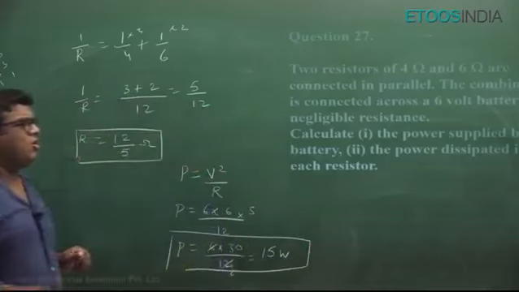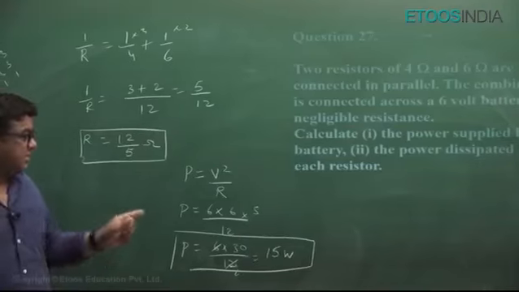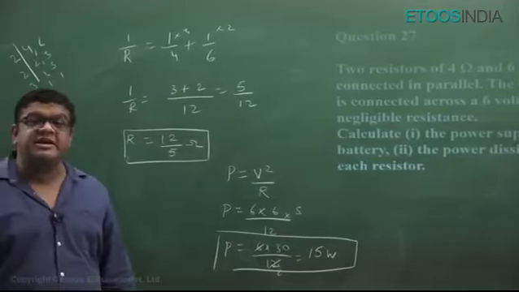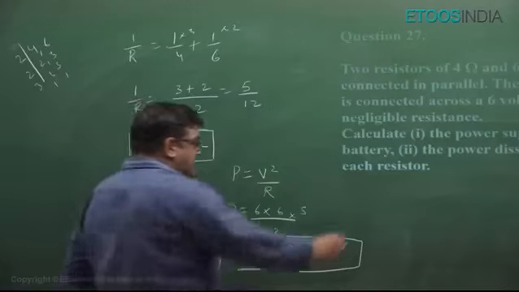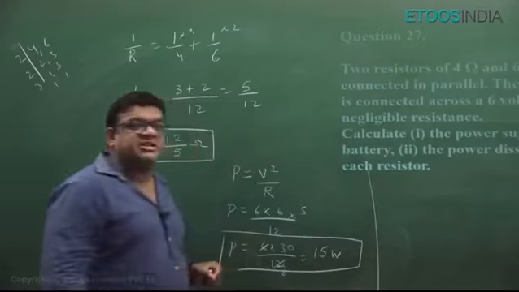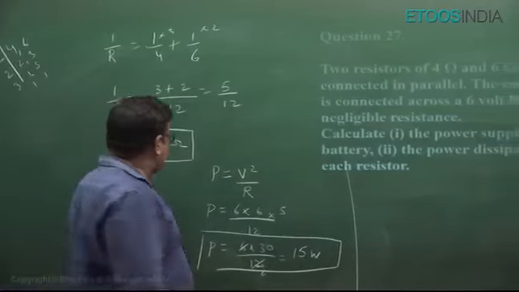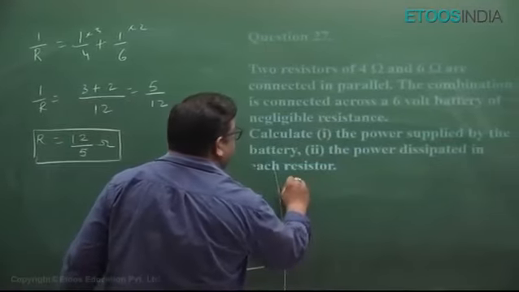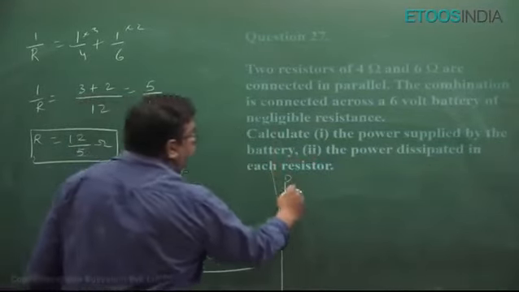Is it clear? Now, what is the next question they have asked? They have asked the power dissipated in each. So we know that the potential difference in each is the same. So what we'll do right now is, I'll write the power in the 4 ohm resistor.